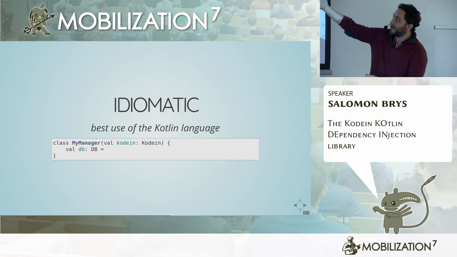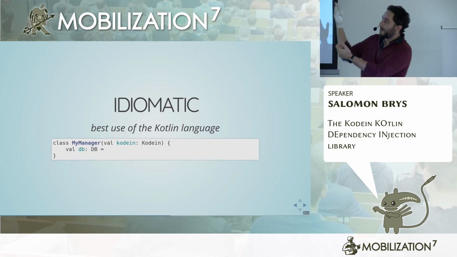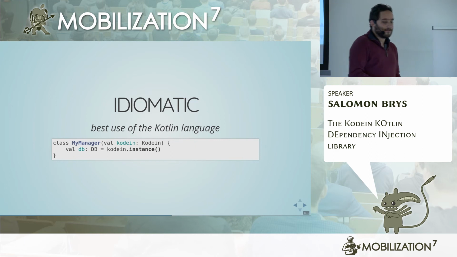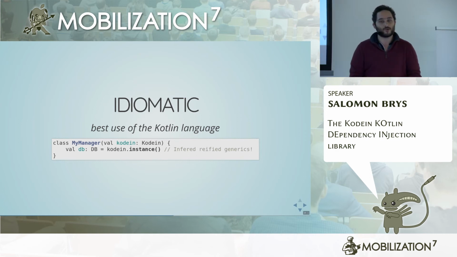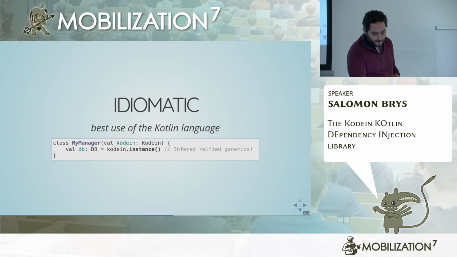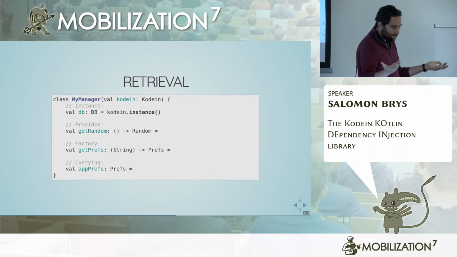I could have gotten it via constructor parameters, but if I have a Kodein instance, I could very well ask for an instance. And the same thing that I said is true. It still uses reified generics, which means that the type is inferred at compilation. There's no reflection involved there. Okay, so you can ask for an instance, and there you go.